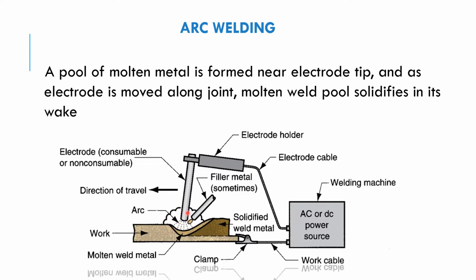The pool of molten metal from the filler will start to melt and form near the electrode tip. As the electrode is moved along the joint, the molten metal pool will solidify on the surface.